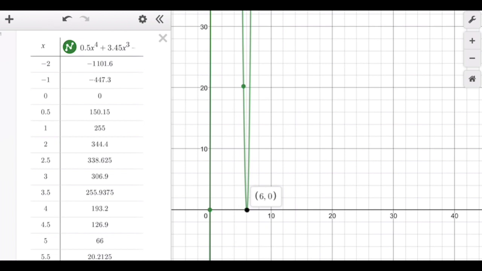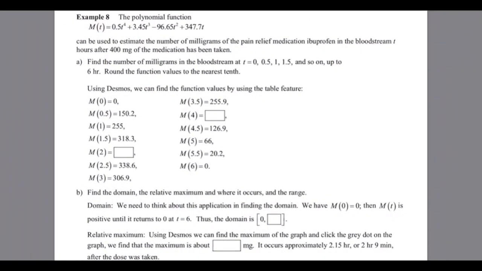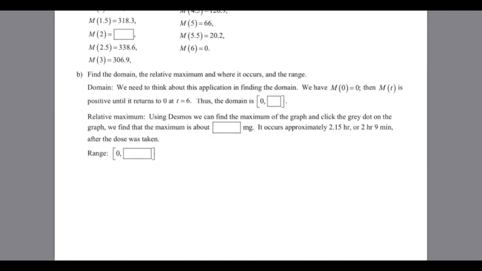Going back then to our question, you can fill in the table at will here. Find the domain, the relative max and where it occurs, and the range. So we found a few pieces here. We need to think about the application of finding our domain with respect to the problem itself.